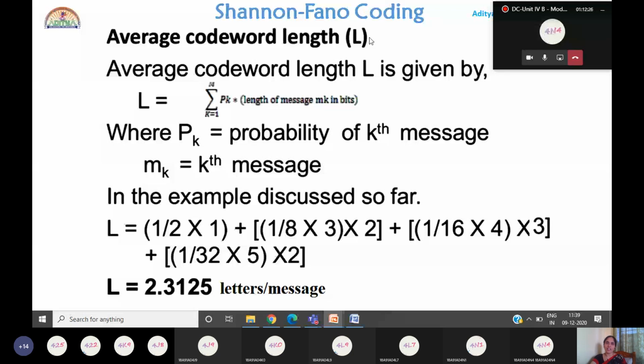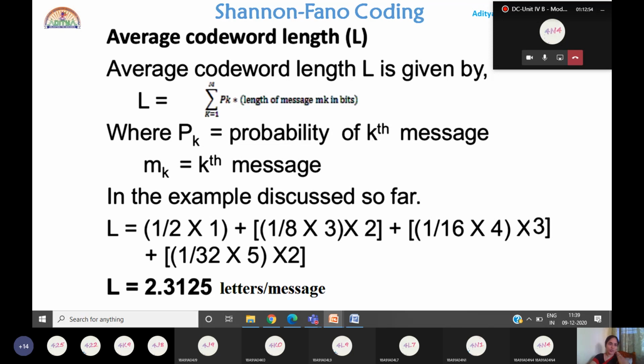Okay, you can calculate the average code word length. Calculate once and tell me the answer. Is it 2.3125 letters per message? Please check this and tell me. You take time, no problem. Please multiply the corresponding message probability and the code word length, and add this for all the k messages.